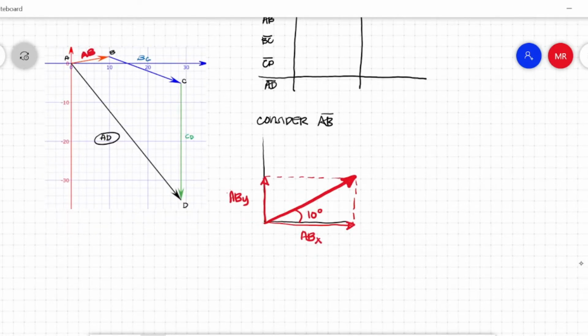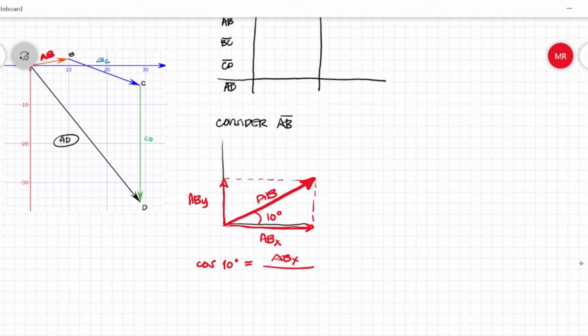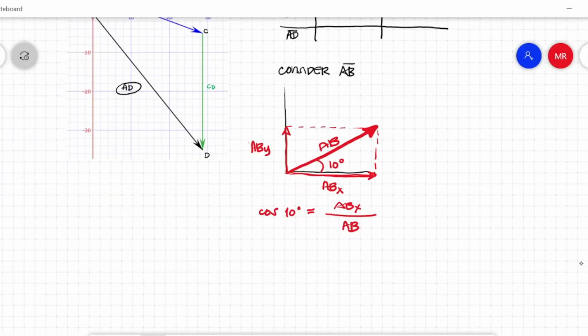To find ABX, since this is the adjacent side of your 10 degrees, we will be using cosine of 10 degrees. Cosine 10 degrees is equal to the adjacent, ABX, over the hypotenuse. Your hypotenuse is this, your vector AB. So ABX over AB. Therefore, by cross multiplication, ABX is AB cosine 10 degrees.